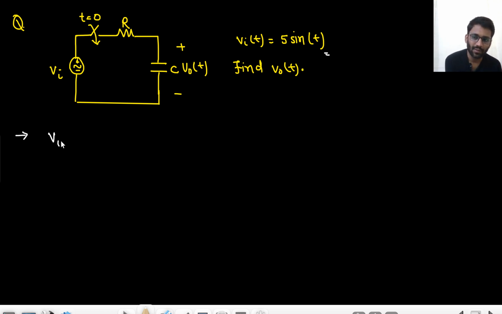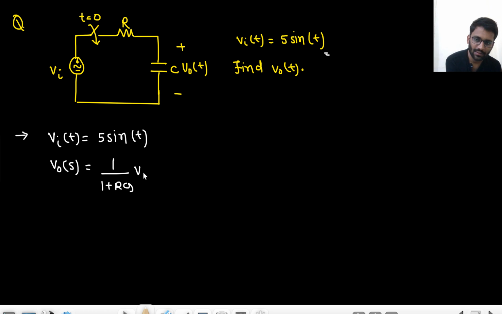So what is my input? V in t, or v in omega t, I can write. What is my input? That is 5 sin t. Here omega naught is 1. What will be my v naught? V naught s would be 1 upon 1 plus RCs times v in s. So what will be my H of j omega?